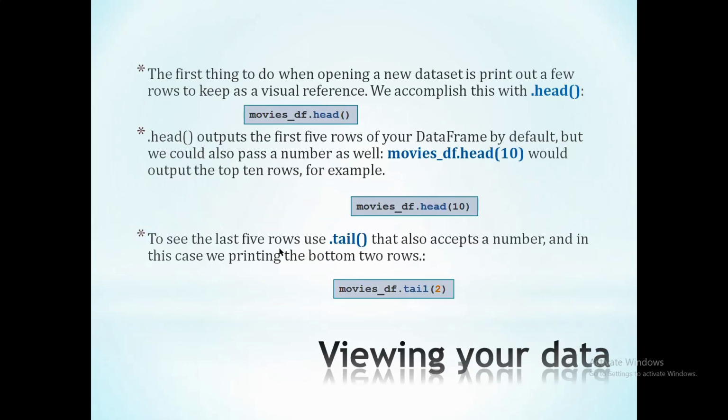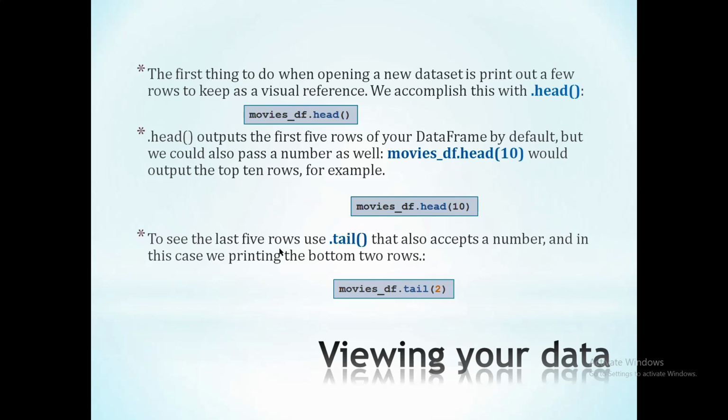The first thing to do when opening a new dataset is to print a few rows to keep as a visual reference. For that we are using the functions head and tail. The head refers to the first few rows, as specified inside the brackets. The first, movies df dot head, will return the first rows of the CSV file.